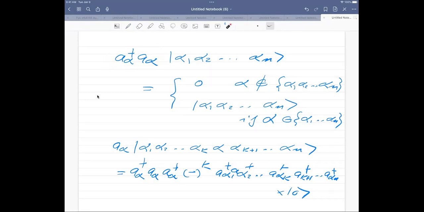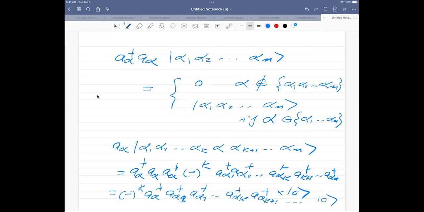So this is going to give us a minus 1 to the K, and then I have an A alpha dagger, and then I have A alpha 1 dagger, A alpha 2 dagger, and then up to this A alpha K dagger, and A alpha K plus 1 dagger, and this goes up to the final one.